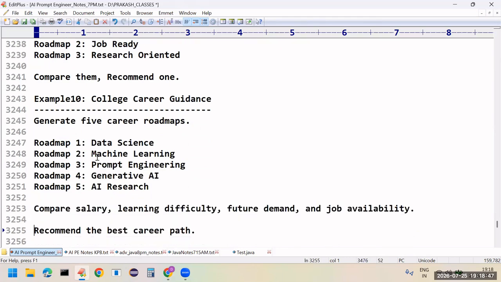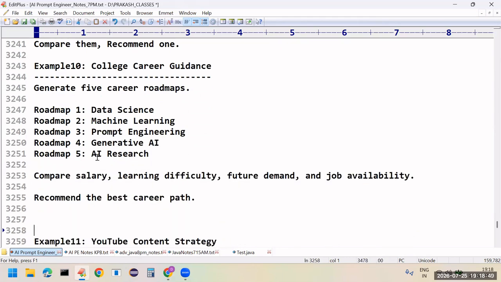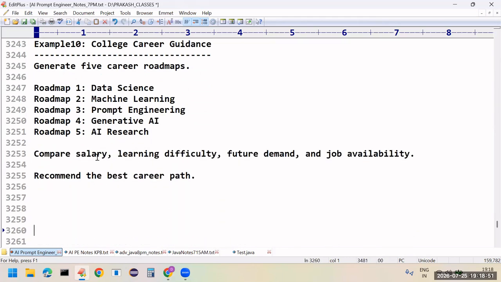Example 10. College career guidance. Generate 5 career roadmaps. Roadmap 1, data science. Roadmap 2, machine learning. Roadmap 3, prompt engineering. Roadmap 4, generative AI. Roadmap 5, AI research. Compare salary, learning difficulty, future demand, job availability. Recommend the best career path.